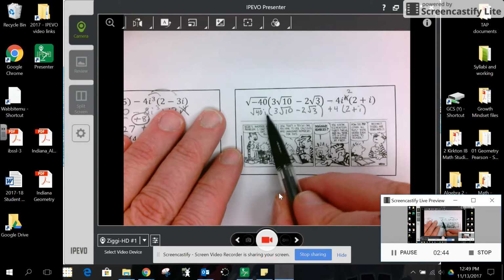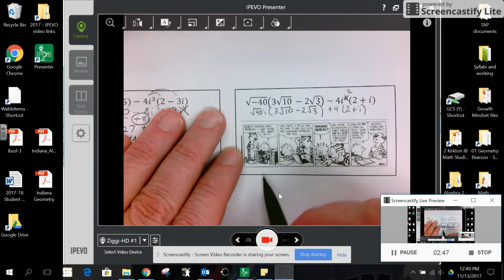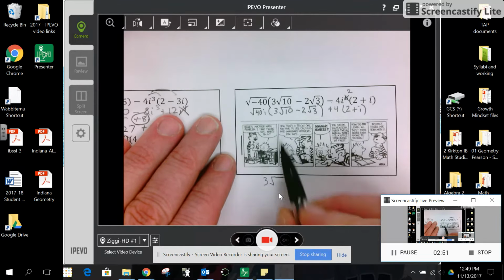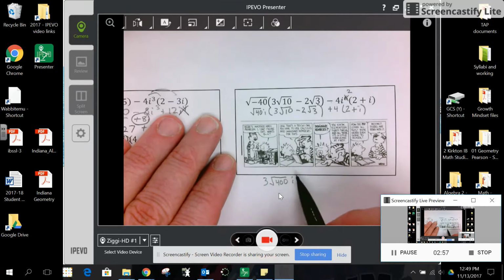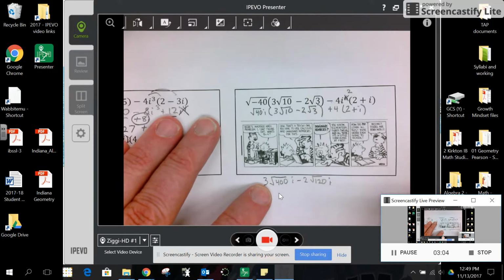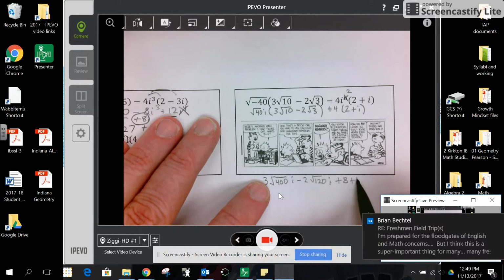So I have to distribute here. So I have 3 radical 400i minus 2 radical 120i, and then plus 8 plus 4i.